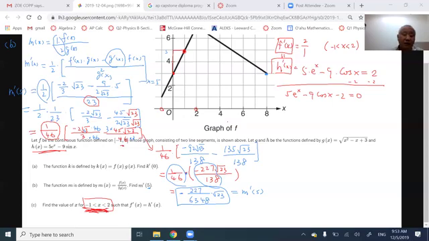Because they ask you the x should be in between -1 and 2. So we're going to go to the other one now, okay? Second function, calculate, we'll put a zero, and then we move the cursor to the left bound, and then go to the right bound, enter, guess.